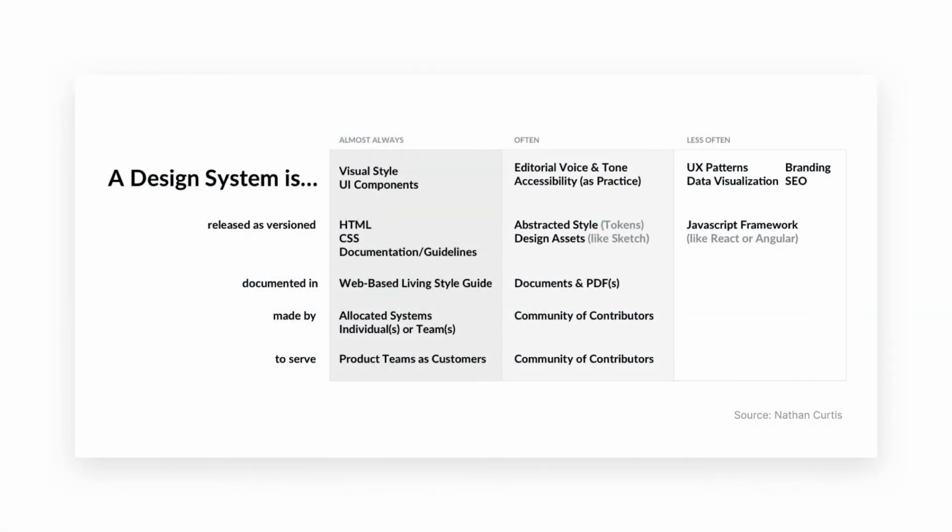Basically, Nathan says that a design system is a definition of visual style that's implemented by UI components, the design that defines the style and then, based on that, creates versioned code blocks of HTML, CSS, JavaScript, along with guidelines and documentation. And it's produced by a team that's focused on supporting product teams building products by leveraging that design system.